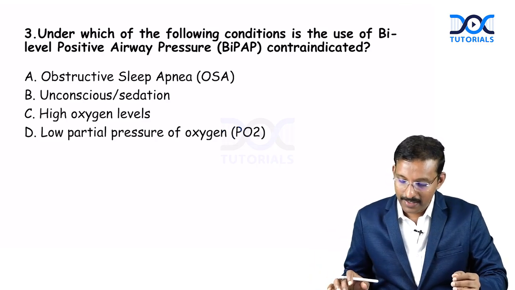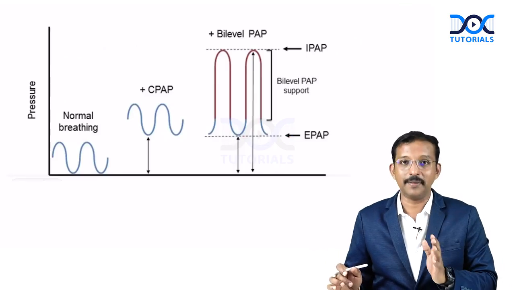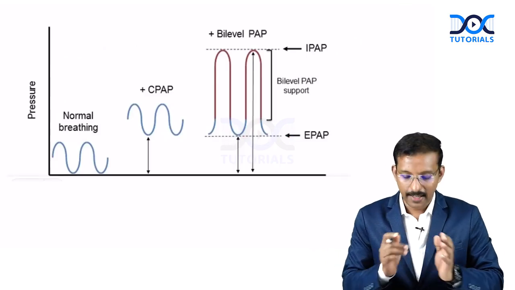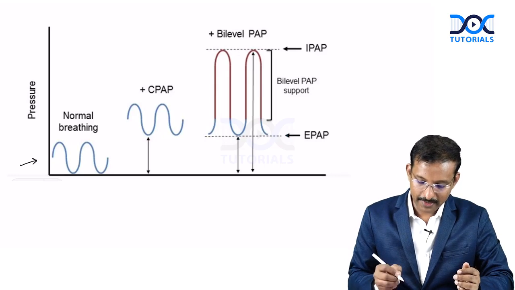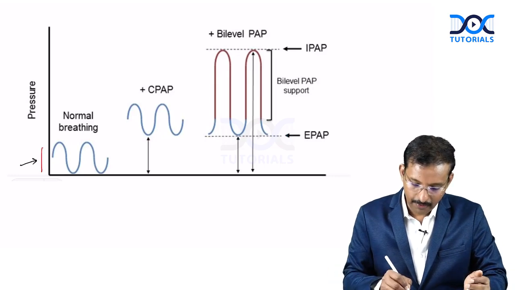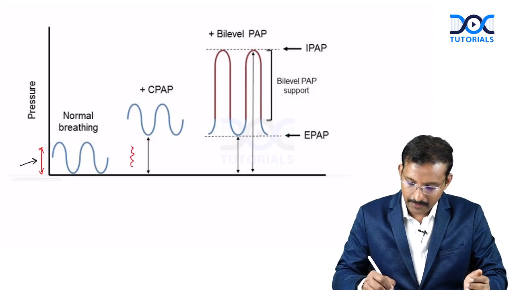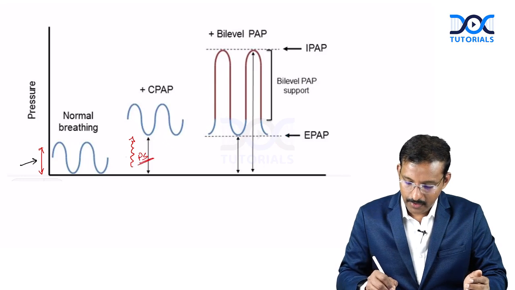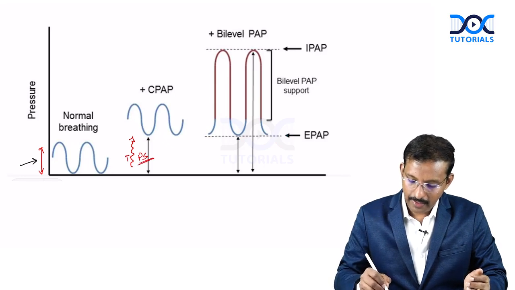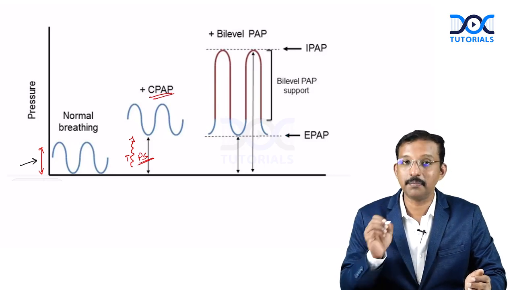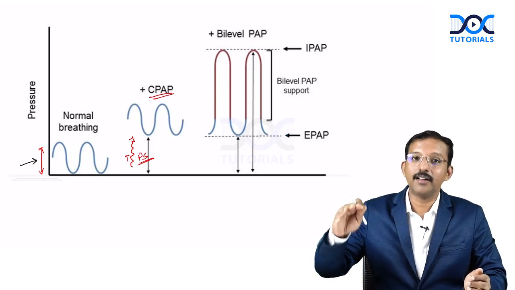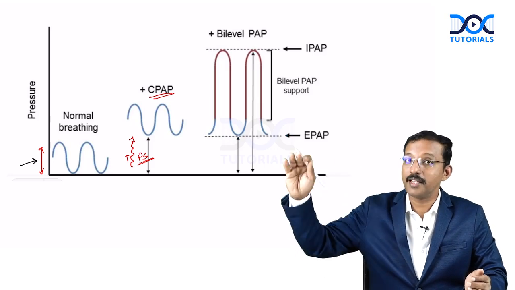Now, if you want to understand this, please see this diagram. It is very easy. If you normally breathe like this, you can see this is the tidal volume. Now, along with that, if you provide a positive support, so that the patient will have a continuous positive airway pressure, providing CPAP, the tidal volume increases, and he will be breathing at a higher rate.